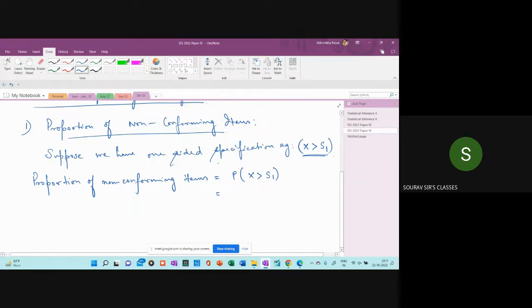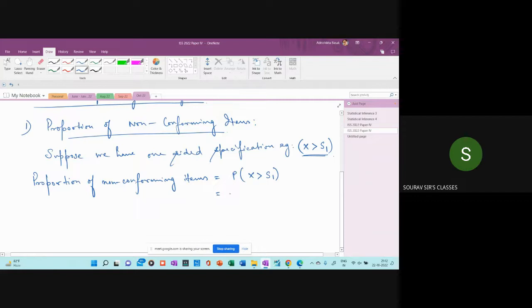The criterion for an item to be considered non-conforming is that x is greater than some S1. Obviously we are assuming that x follows normal, and then the proportion of these non-conforming items is this probability.